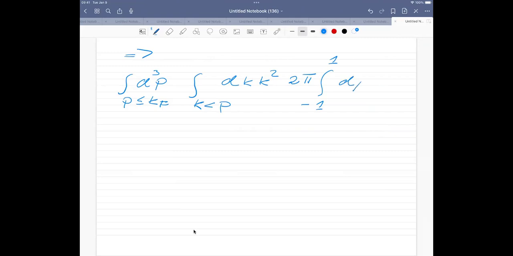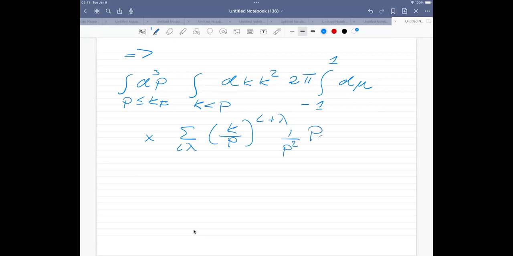I have a d mu, and this is multiplied with, and now I have to be a little bit careful because I have to introduce these terms with k and p. So I have k over p to the power of L plus lambda. And then I have 1 over p squared.